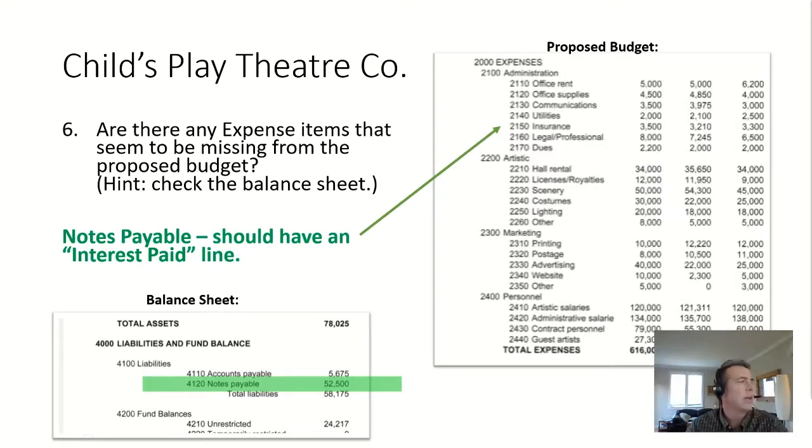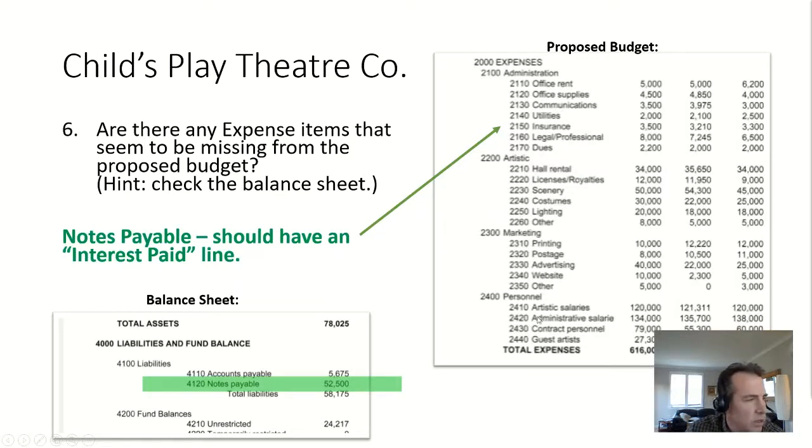Now, here's another note about the expenses section of the budget here. You can see that all of what we've traditionally considered to be COGS, they're putting in as these artistic expenses. So all of the COGS are listed under 2200 artistic.